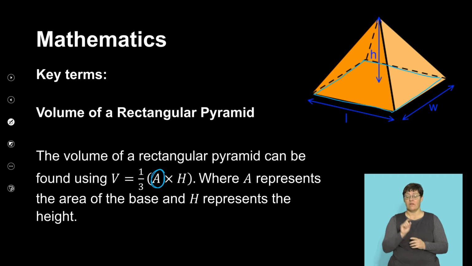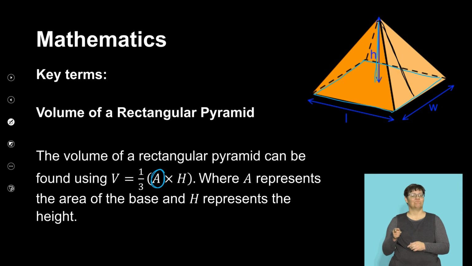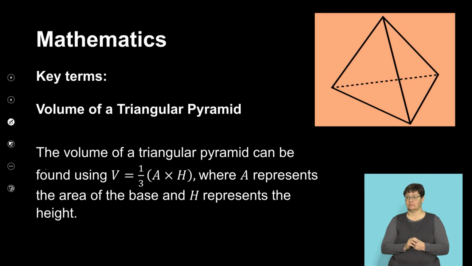So I'm first going to calculate the area of this base, then I'm going to multiply it by the perpendicular height. There is a chance that in a question they may provide you with the slant height. The slant height is not necessarily the perpendicular height. So we must always make sure that we are using the perpendicular height in my calculation. Let's go to the next slide.